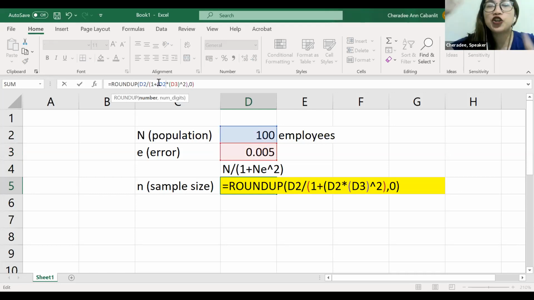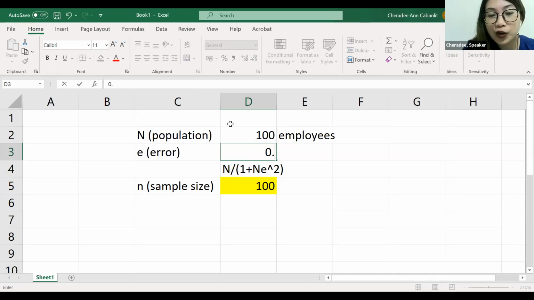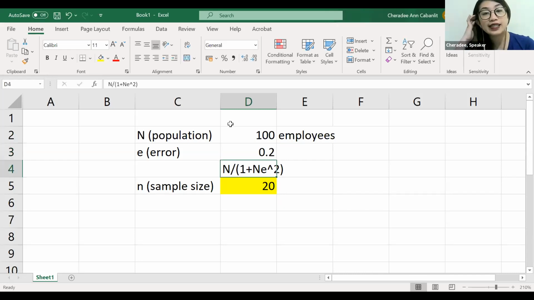Sorry, you have to increase rather your error, because you are more tolerant to errors. So let's say you allow 20% error. As you see, you're only required 20 samples.